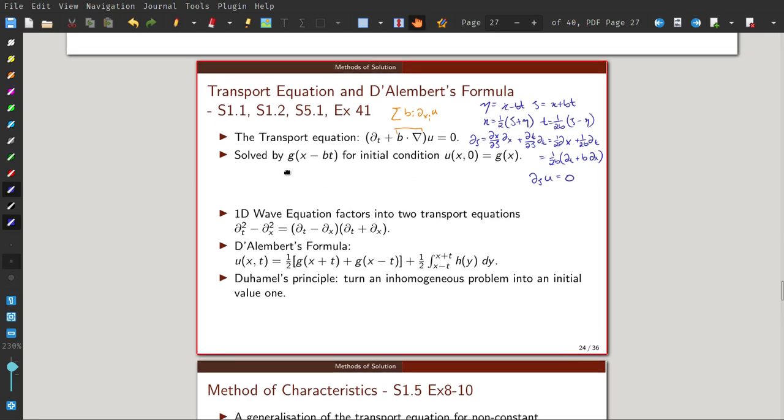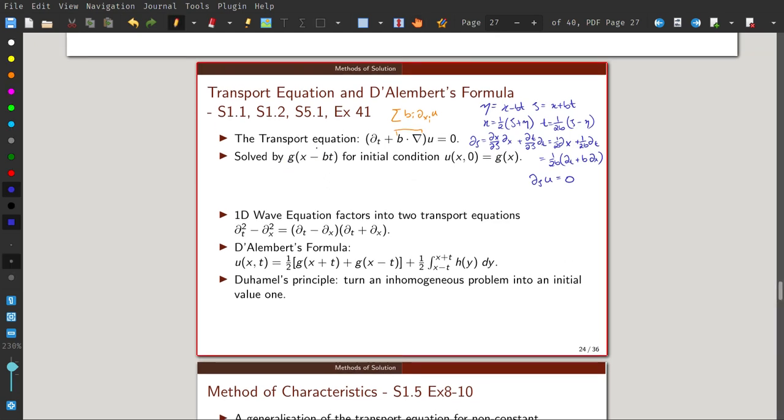Of course, if you have this formula, someone tells you, or you read it over somebody's shoulder, then you can, of course, check this just by differentiation directly. So if you have the t derivative of g of x minus bt, by the chain rule, we will have the gradient of g.